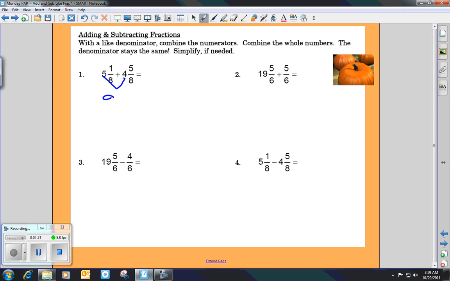That gives me 9. And the 1/8 plus 5/8, I'm going to add my numerators to get 6/8, which simplifies down. We can divide by 2 on both the top and the bottom to get 3/4 here. Okay, so I end up with 9 plus 3/4, and that is 9 3/4.